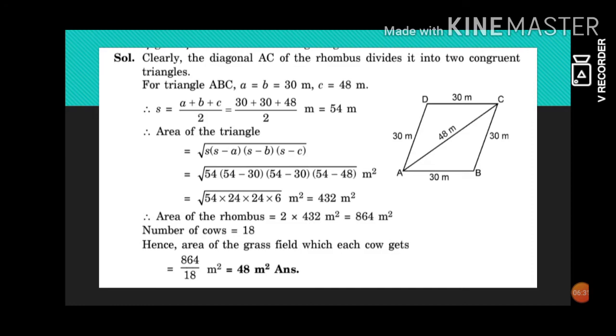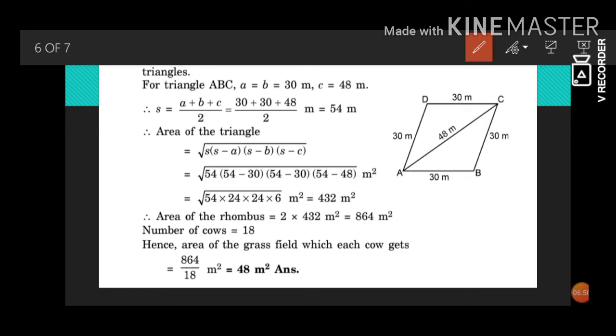So ABCD is a rhombus, and clearly the diagonal AC is the longer one, which divides the rhombus into two congruent triangles. We know that a quadrilateral is divided by the diagonal into congruent triangles. Congruent triangles means the triangles are the same.